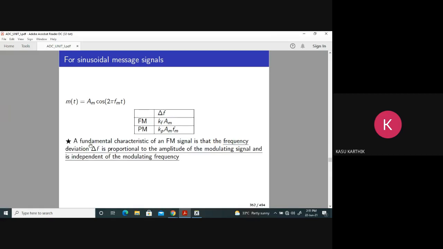So here the fundamental difference is that in the case of FM, delta F is proportional to the amplitude of the modulating signal m of t, and it is independent of fm. It depends only on amplitude.